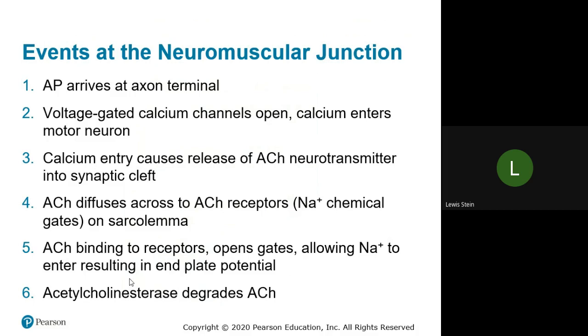It can be metabolized, that's where the acetylcholinesterase comes in, or broken down, either term. Or, and this is a very important phenomenon that we talk about a lot down the road, reuptake. When the acetylcholine is broken down into acetic acid and choline, reuptake means the choline is sucked back up and recycled. We're very efficient. We recycle. It's a big thing in our bodies.